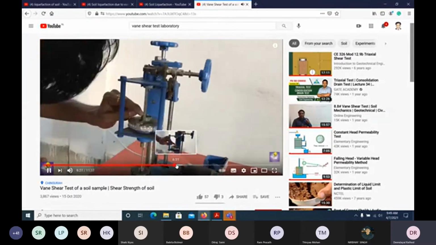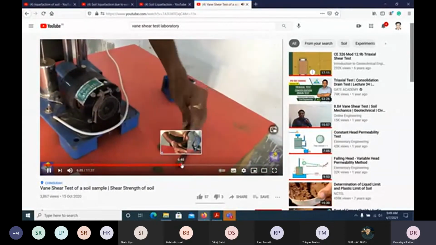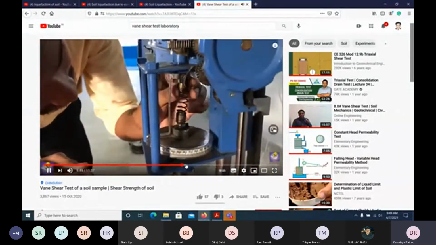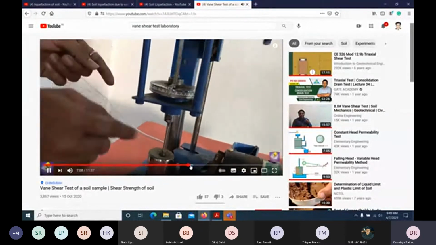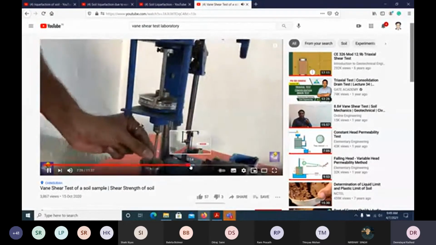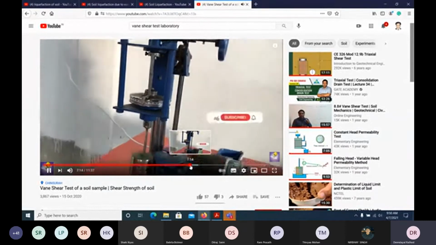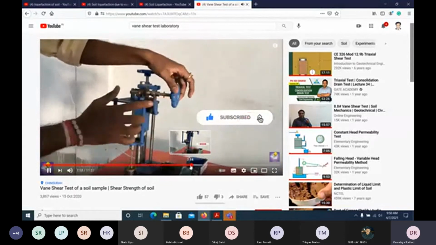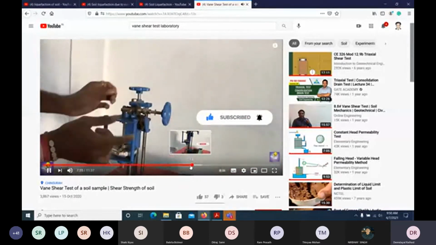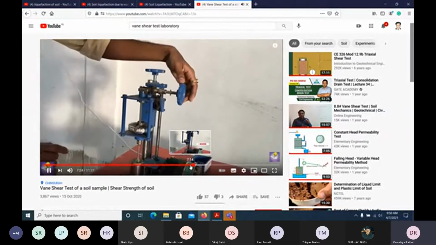Firstly, we have to attach the spring like this. We have to rotate the vane at a rate of 0.1 degree per second. This is the handle for providing a torque to this vane.